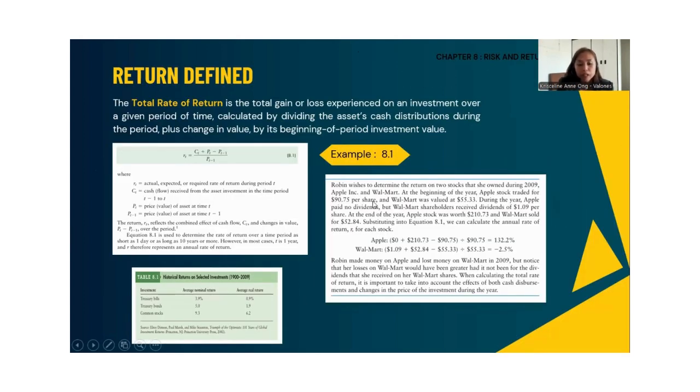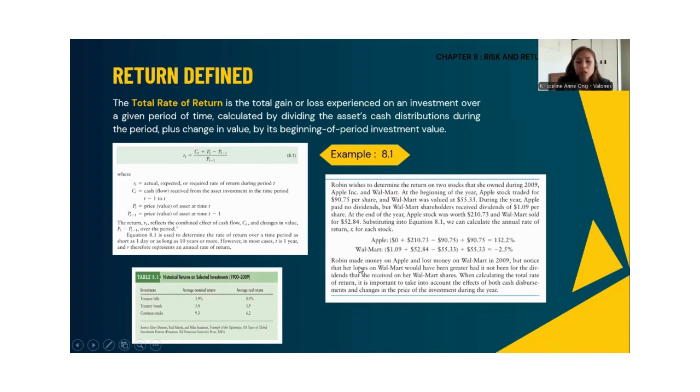The example here is the comparison of Apple versus Walmart. Robin wishes to determine the return on two stocks that she owned during 2009. If you substitute into the formula of the total rate of return, we get the annual rate of return for Apple equal to 132.2%, while Walmart is negative 2.5%.